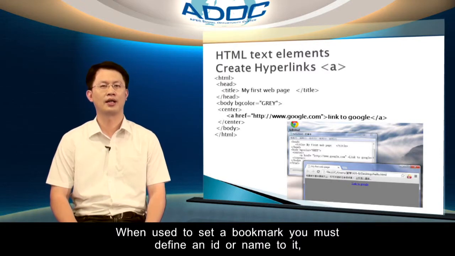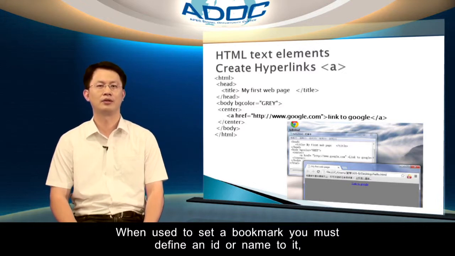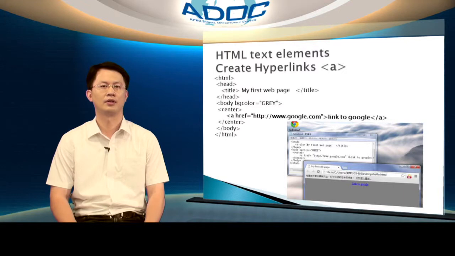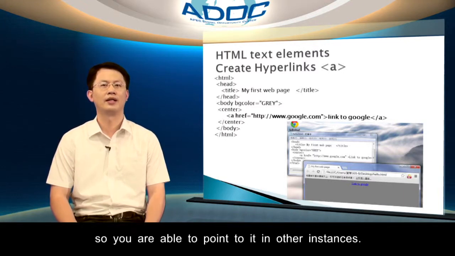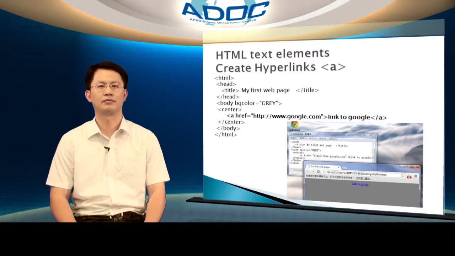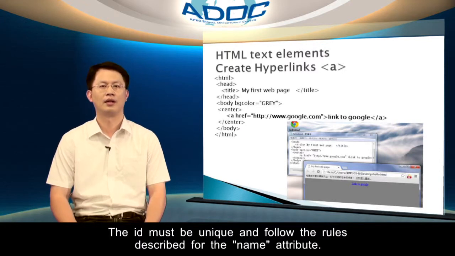When used to set a bookmark, you must define an ID or name to it, so you are able to point to it in other instances. The ID must be unique and follow the rules described for the name attribute.